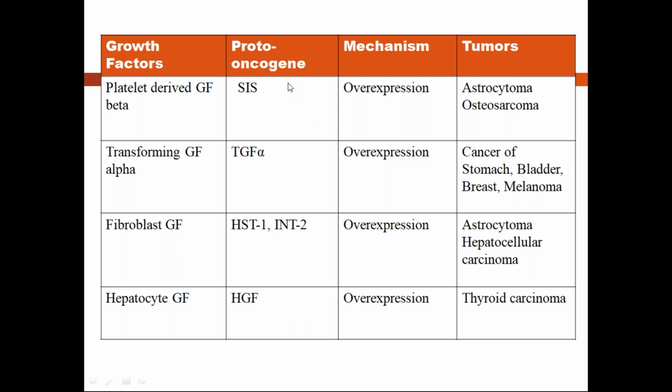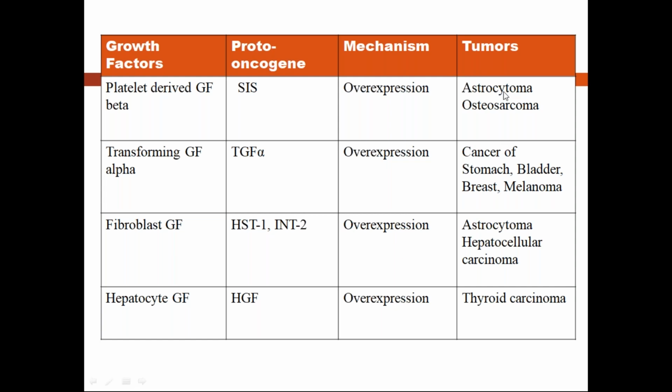The proto-oncogene names, only for completion's sake I've kept here; you need not remember them in the table. What you have to remember is the growth factor, for example platelet derived growth factor beta, which is overexpressed in astrocytoma. One tumor is sufficient. Only for completion's sake I've kept all the tumors, because that's what is mentioned in your textbook.